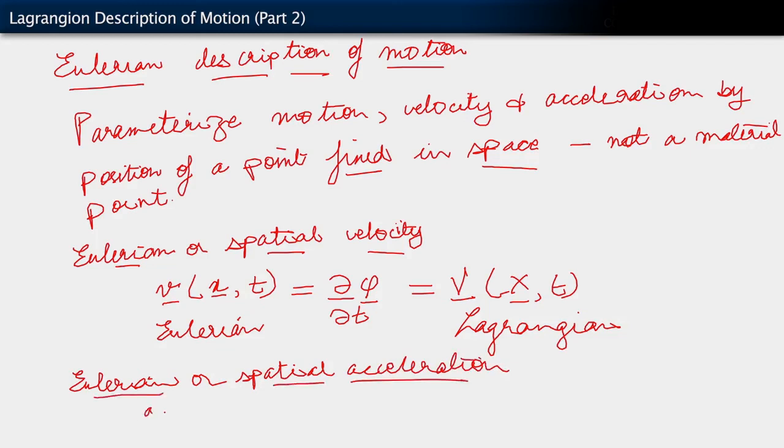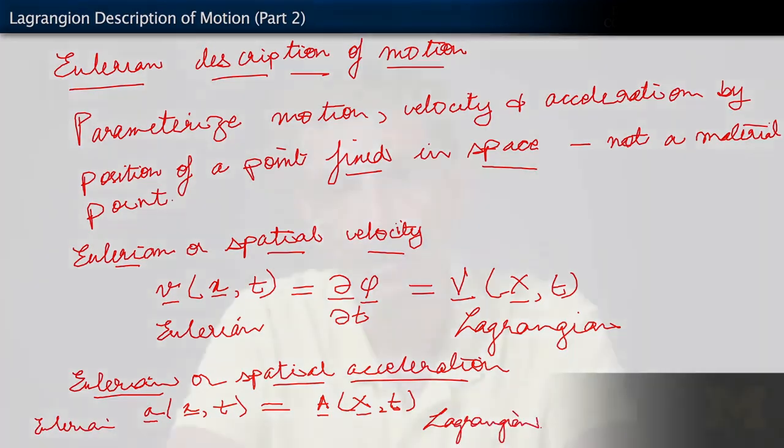We're going to denote it as little a of little x and time. It is equal to the Lagrangian acceleration. Okay? Let me write here Eulerian, and here Lagrangian.